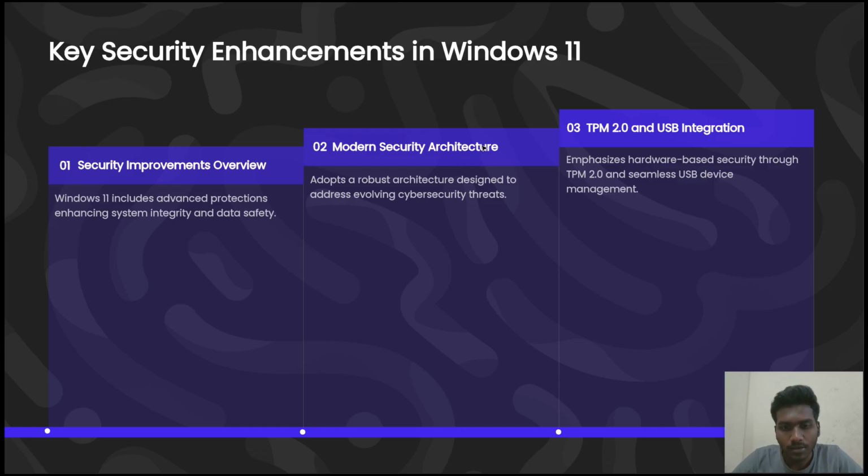This hardware root of trust ensures that firmware and boot code are verified before loading. Windows 11 also mandates virtualization support and turns on virtualization-based security, that is VBS, and later hypervisor-protected code integrity, that is HVCI.